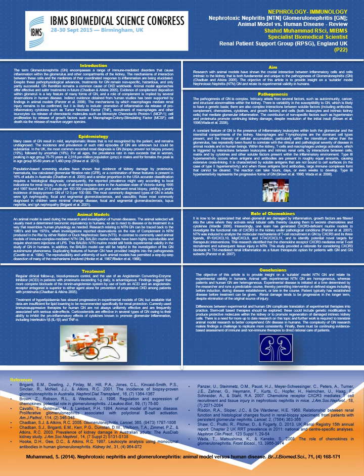So before going into the aims and objectives, listeners and viewers, a little bit around the epidemiology. Many cases of glomerulonephritis result in mild asymptomatic illnesses that are not recognized and remain undiagnosed.